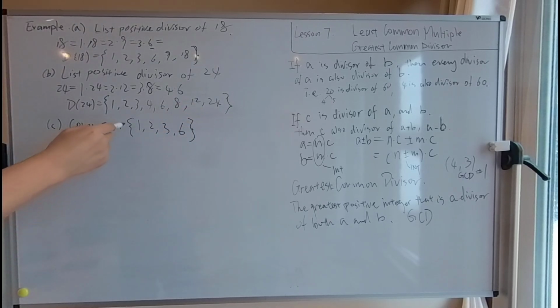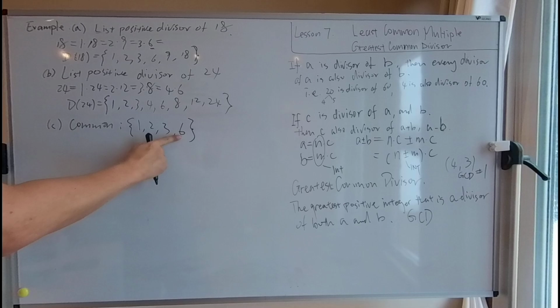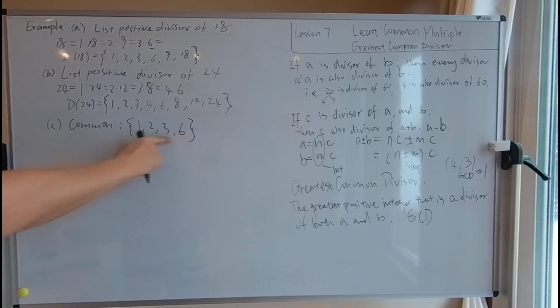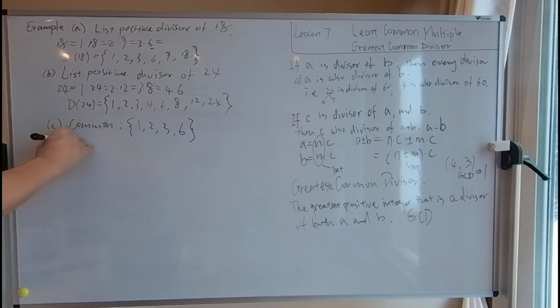So we actually have 4 factors in common between these two numbers. And then the greatest factor among this list is obviously 6. So the greatest common divisor between 18 and 24 is 6. So this is the first example, by simply listing all the divisors and looking for the greatest one.